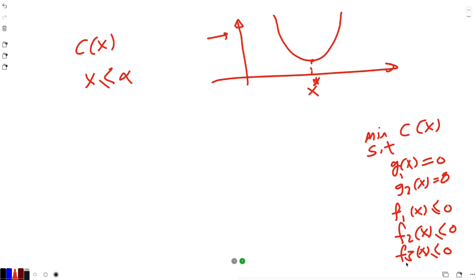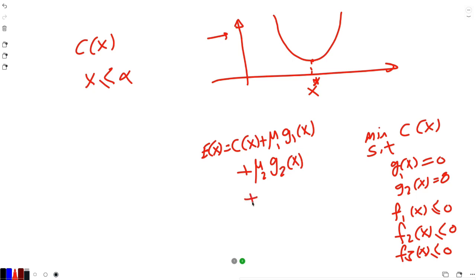We can convert this into unconstrained optimization. How to do that? We can define a new function now. Maybe we call it E of x, for example. This will be C of x, okay, plus mu1 times j1 of x plus mu2 times j2 of x, okay, plus lambda 1 times f1 of x.